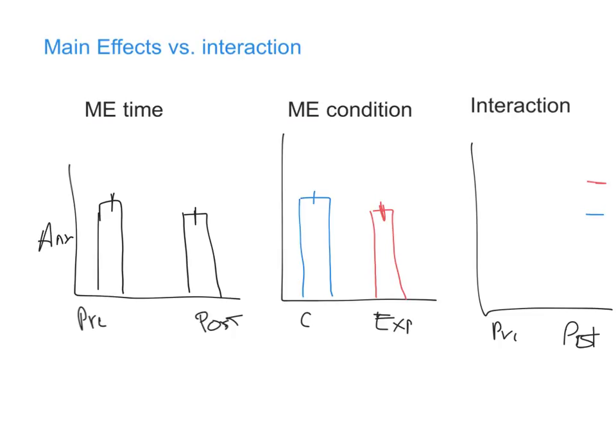But as soon as we have what we did before, where the control stayed the same and we saw the experimental go down, we can actually start to see the extra information we are getting out of a factorial ANOVA.